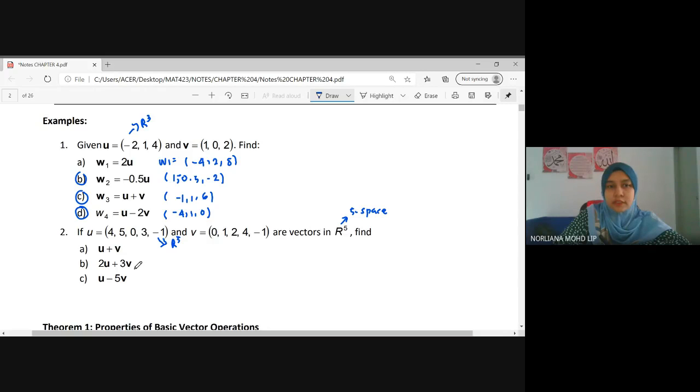This one involves scalar multiplication and vector addition. This one is scalar multiplication and subtraction. So the answer for a is 4, 6, 2, 7, negative 2.